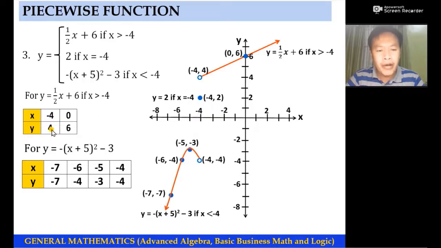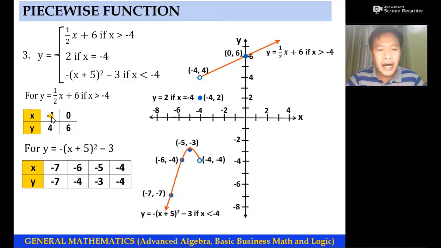And look for the value of y. If y is positive, you are going to move upward. Since our y is equal to 4, from this initial point, you are going to move upward 4 units. So we have 1, 2, 3, 4. And this is our point with coordinates negative 4 and 4.